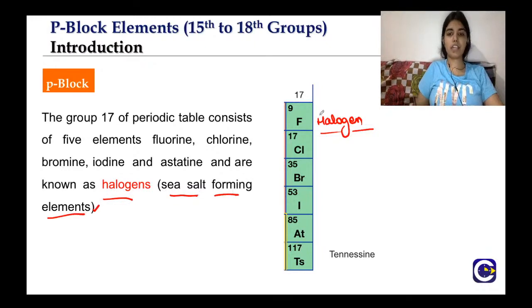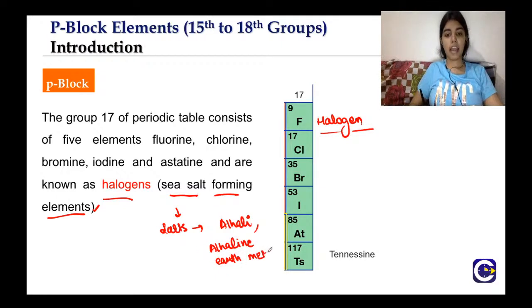As the name suggests, they form salts with the alkali metals as well as alkaline earth metals, for example NaCl, NaBr, NaI, KI. Therefore they are known as sea salt forming elements.